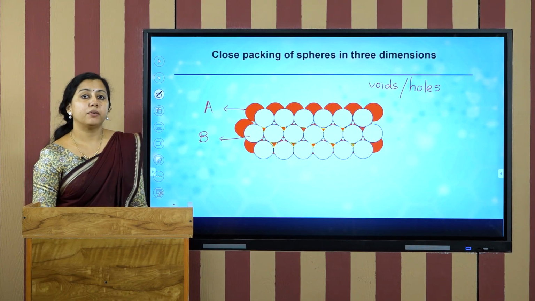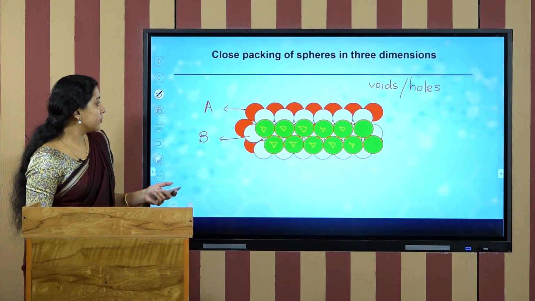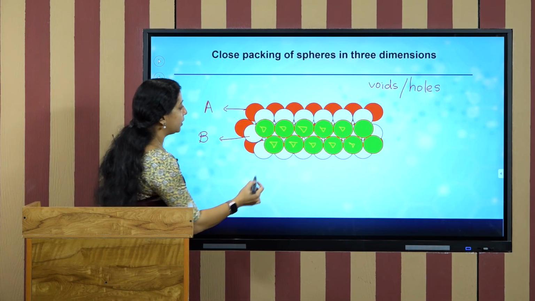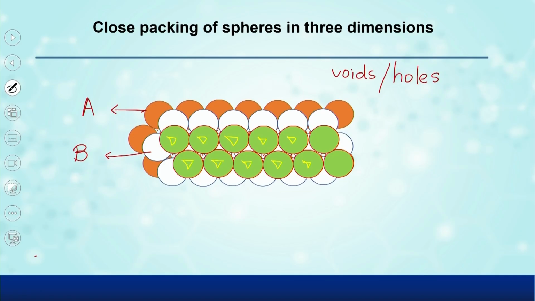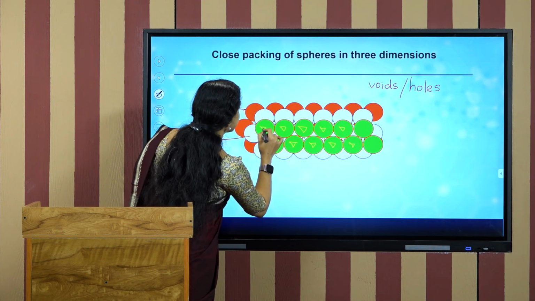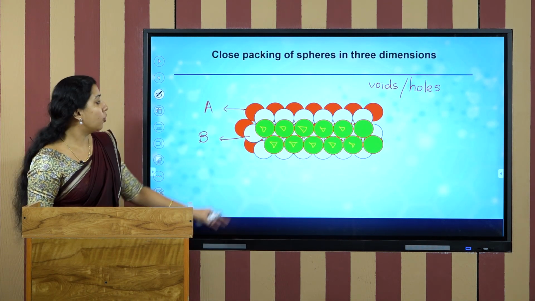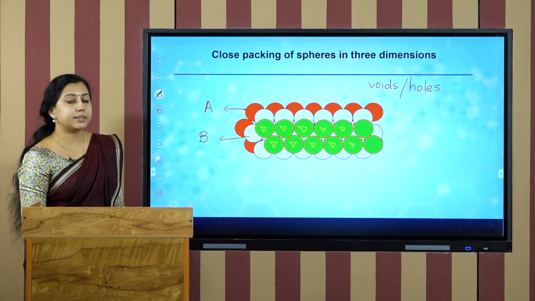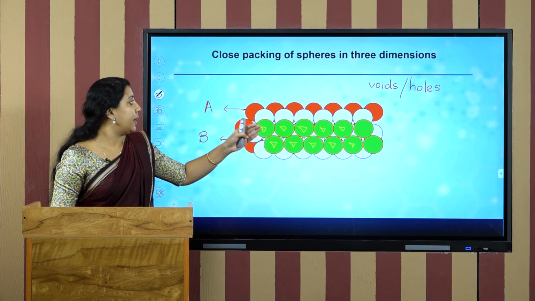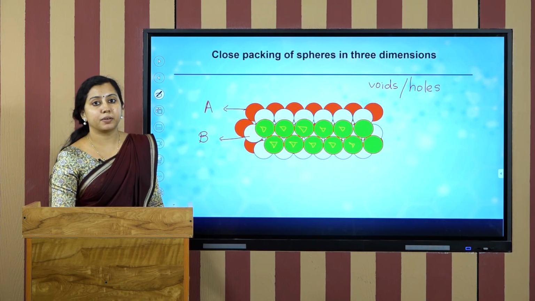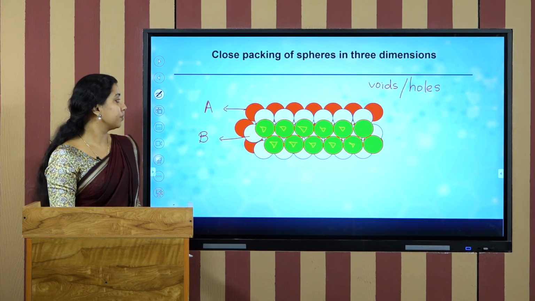Now, what happens when we add a third layer on top of it? As you can see here, when we add a third layer onto these depressions, okay, the orange colored depressions that I marked in yellow, when we add the third layer onto these depressions, you can see that these spheres are placed vertically aligned above the first layer, or these spheres are placed directly above this first layer.